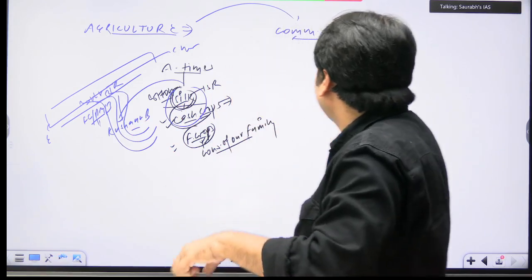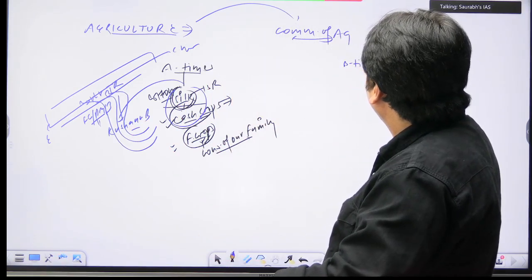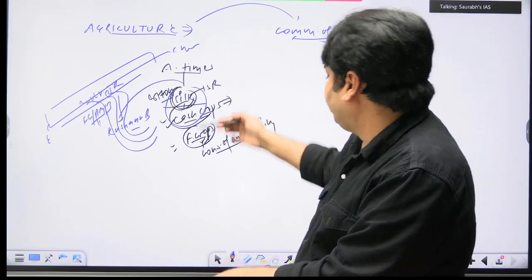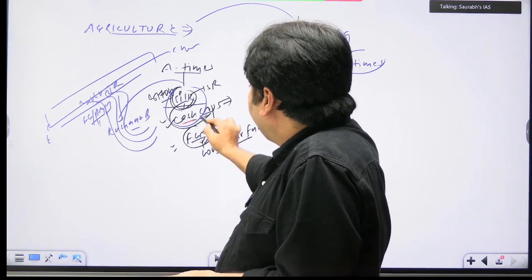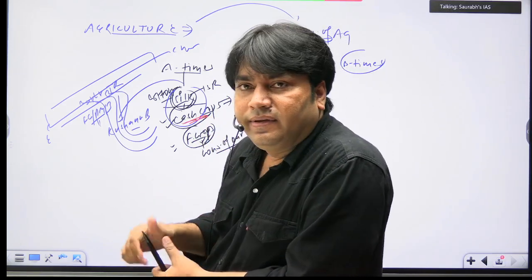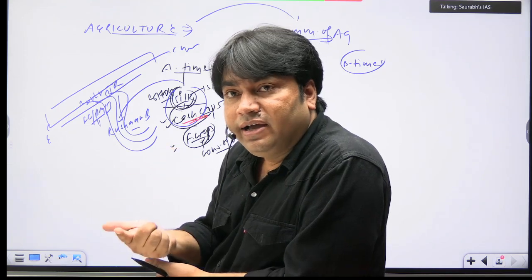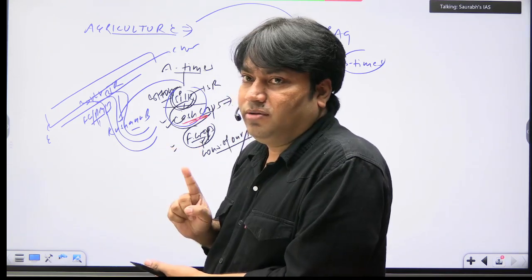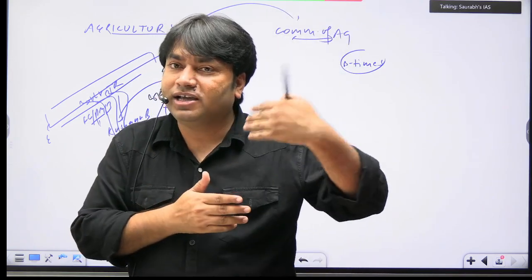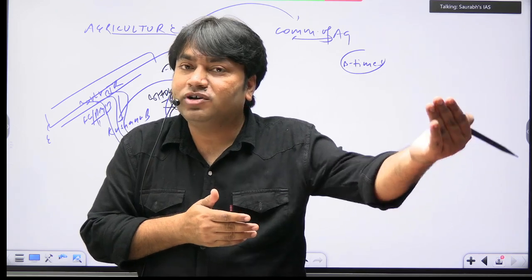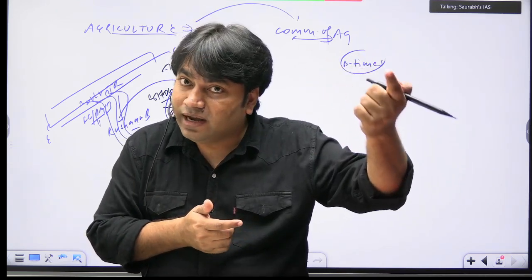Now in British times, what will happen? Look here: our export of cash crops was decided or defined by the needs of the Indian economy. Kushanas were promoting export of silk, and it was defining the need of the Indian economy.